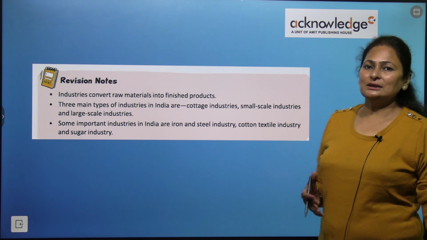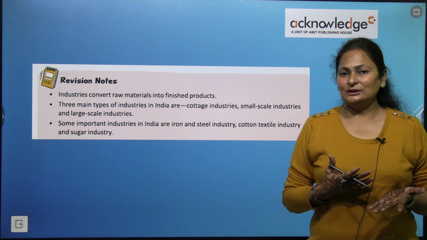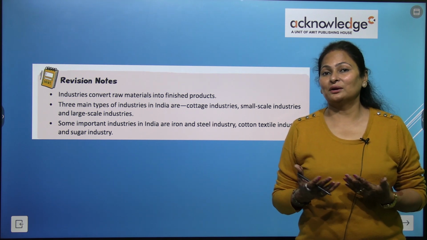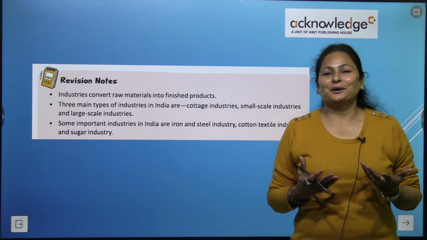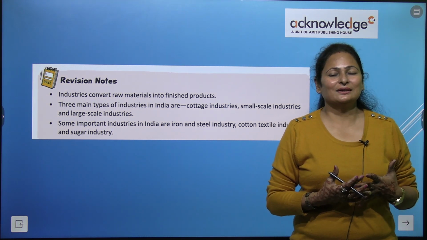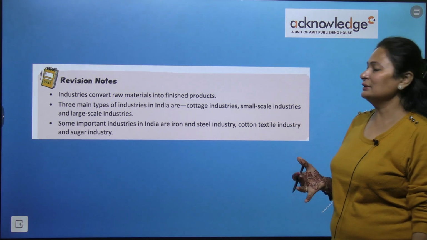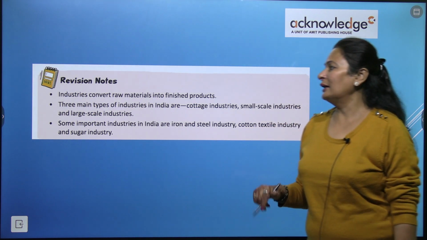So, we have learned a lot of things. The industries, the small scale industry, the cottage industry and the large scale industries, right? Agro based industries, food based, agriculture, forest based industries, so many things we have learned. So, let's revise. Industries convert.